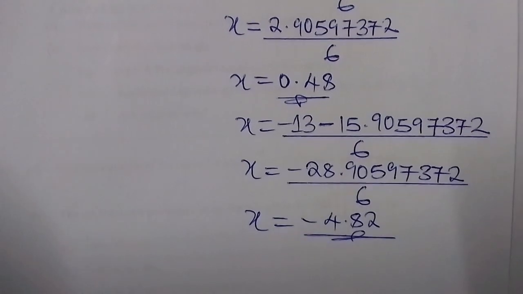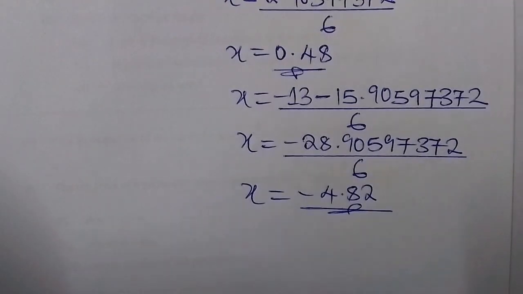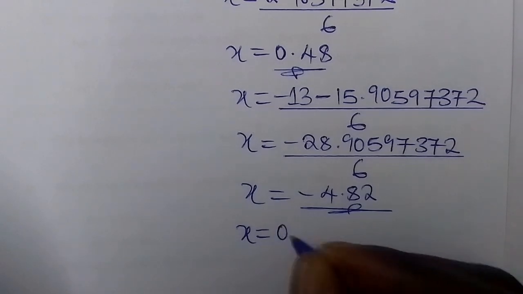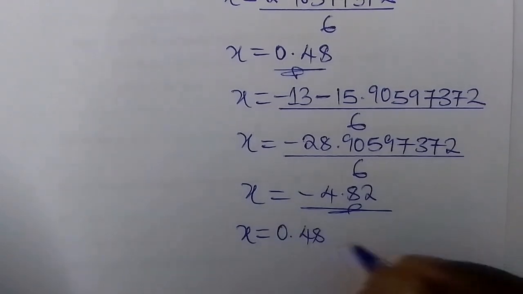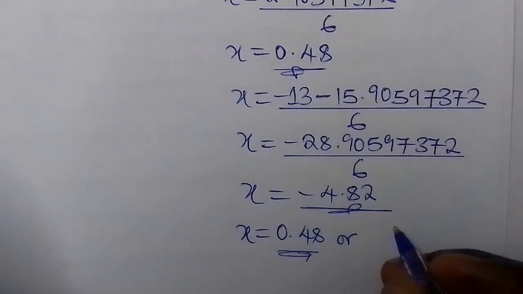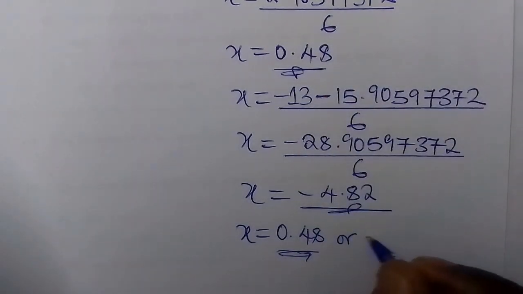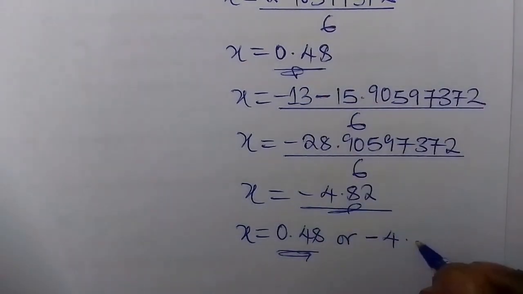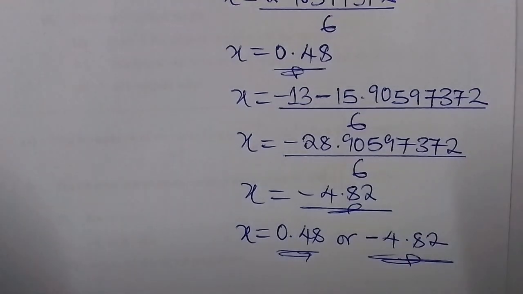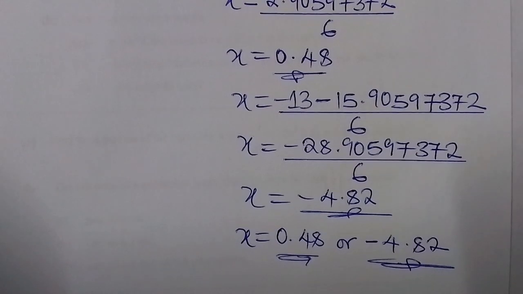So the two values are, the first one we got is 0.48, correct to 2 decimal places, or the next one is negative 4.82. So these are the two values for the quadratic equation 3x squared plus 13x minus 7 equal to 0.